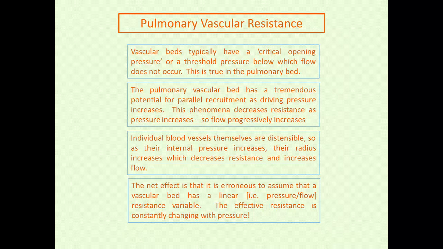So the net effect, as I'm trying to explain, is that it's really erroneous to assume that a vascular bed has a linear pressure-flow relationship and that you can derive a single resistance variable that adequately describes changes in vascular beds. And this is because the effective resistance is changing with pressure.